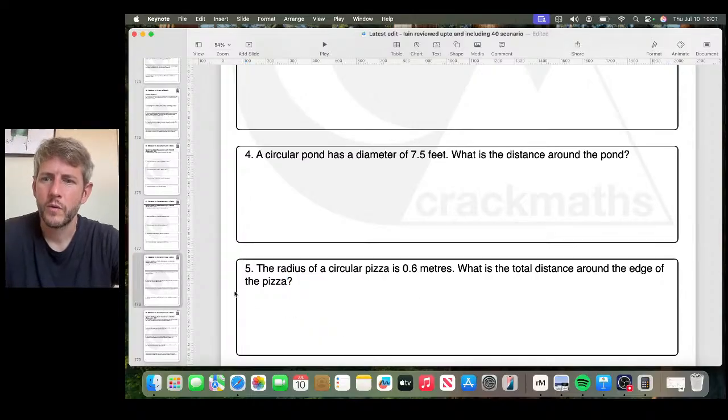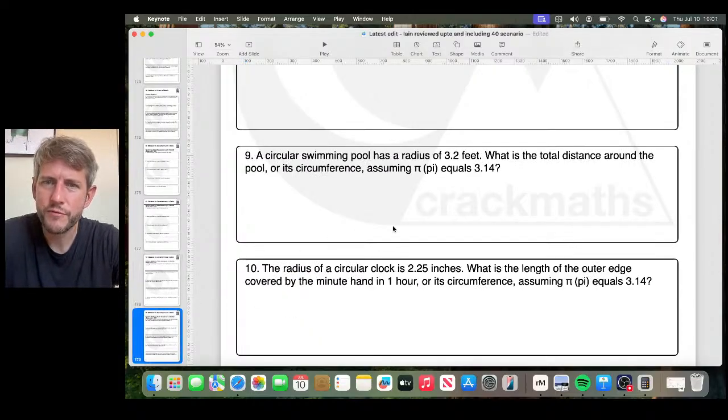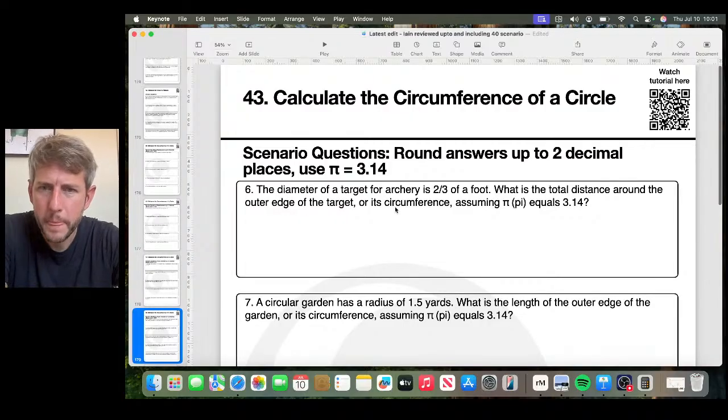Whilst I'm here, I bet you this runs through the other one as well, so I'm just going to quickly do these ones now as well.